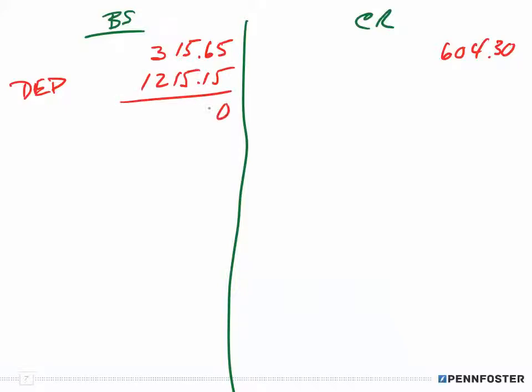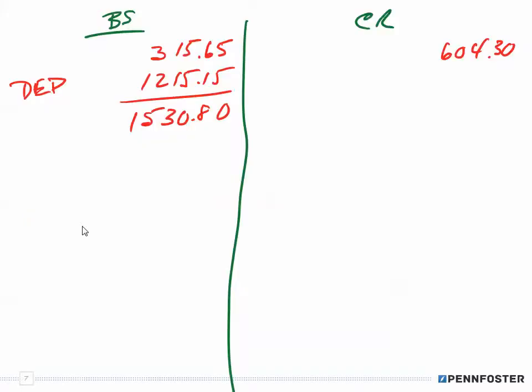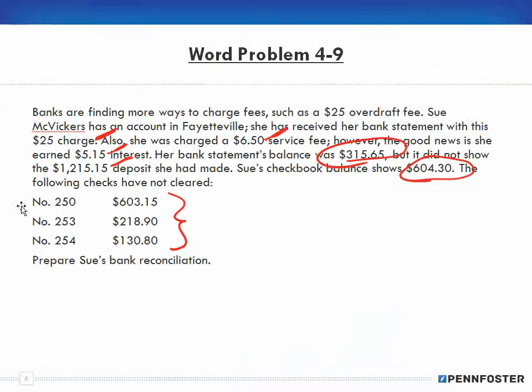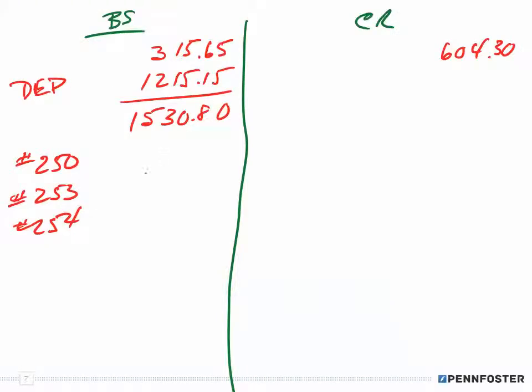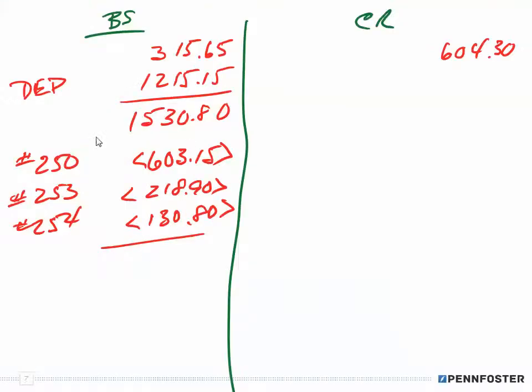And then we're going to deduct checks 250, 253, and 254, in those amounts: $603.15, $218.90, and $130.80.